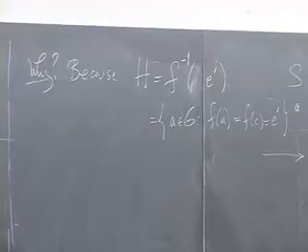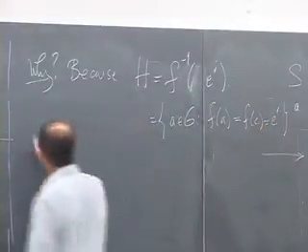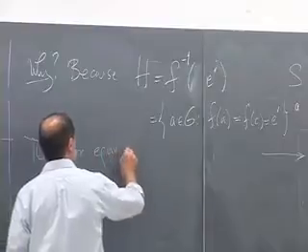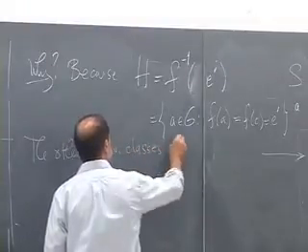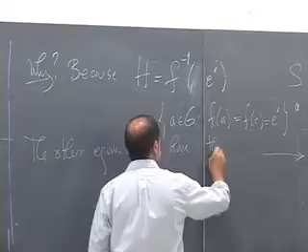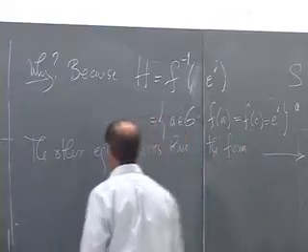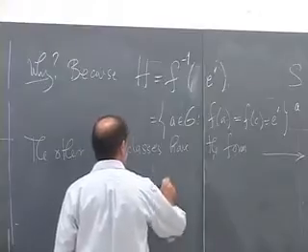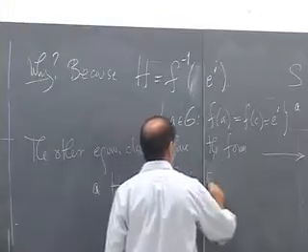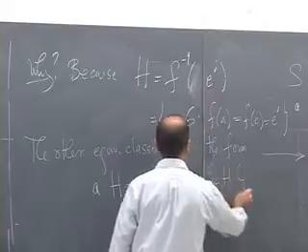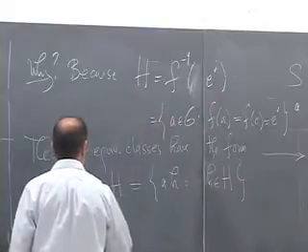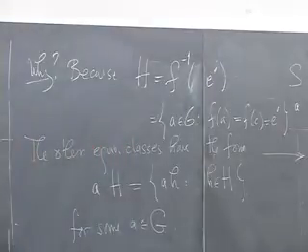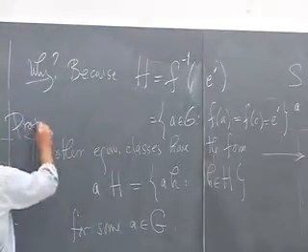What are the others? Equivalence classes have the form AH, by which I mean all things of the form AH, where H is in the kernel, for some A in G. So that's a proposition, and we're now going to prove it.